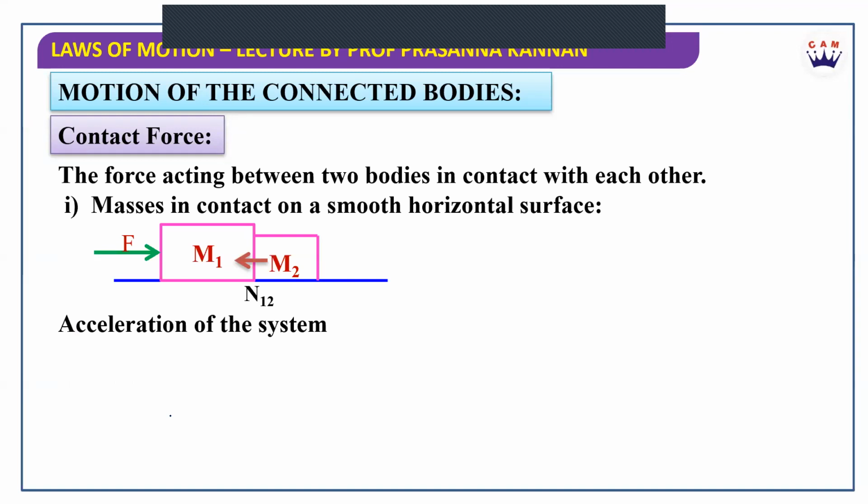So now, what is acceleration of a system? Acceleration of system is very simple. Total force by total masses. Please write down. Acceleration is equal to net force divided by sum of all the masses.